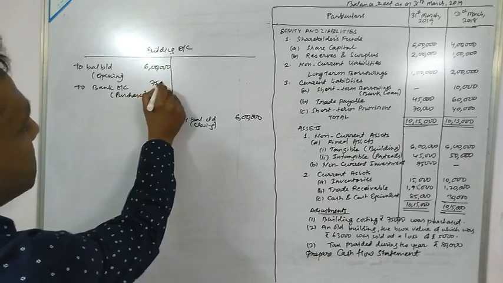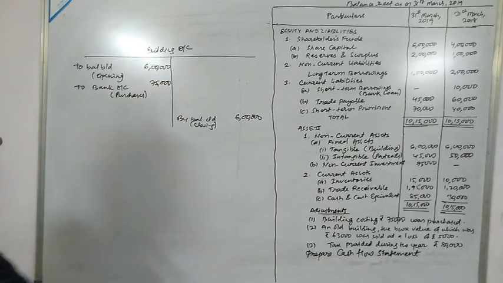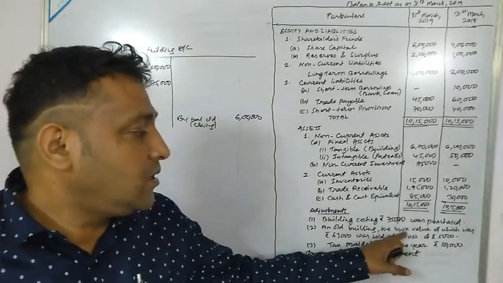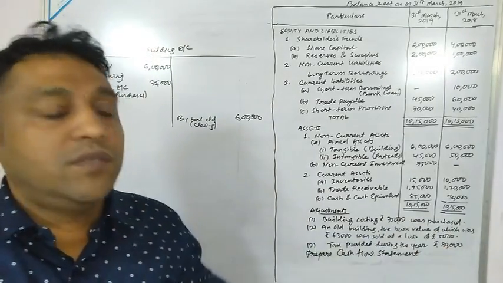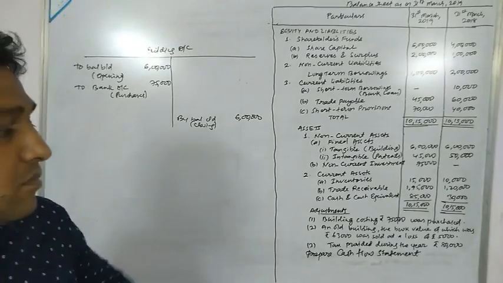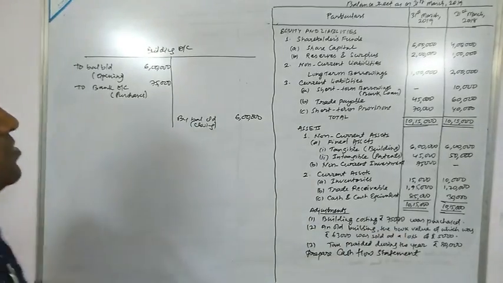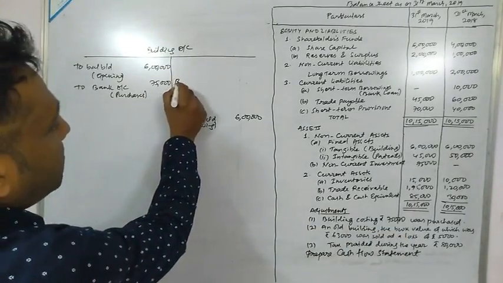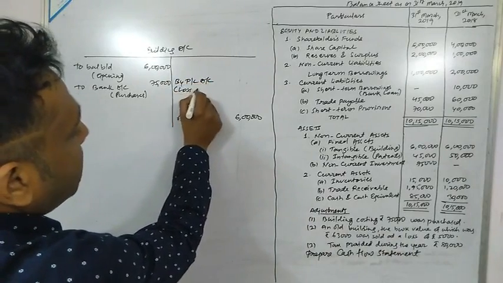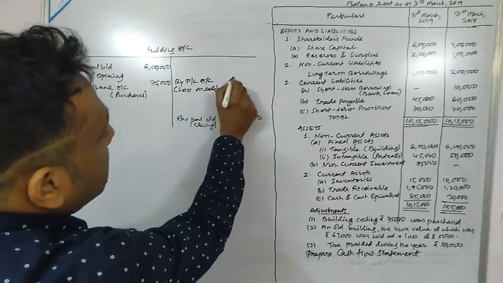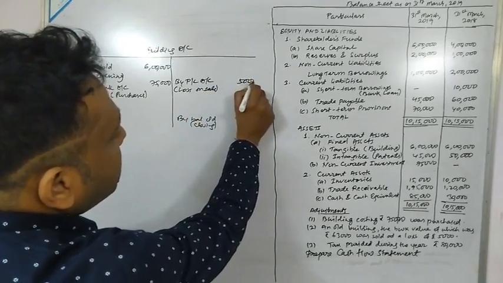Rupees 75,000. Now the second adjustment: an old building, the book value of which was 63,000, was sold at a loss of 5,000. So the loss has been given, 5,000, and that will be shown on the credit side. We will write by profit and loss account, within bracket loss on sale, 5,000.